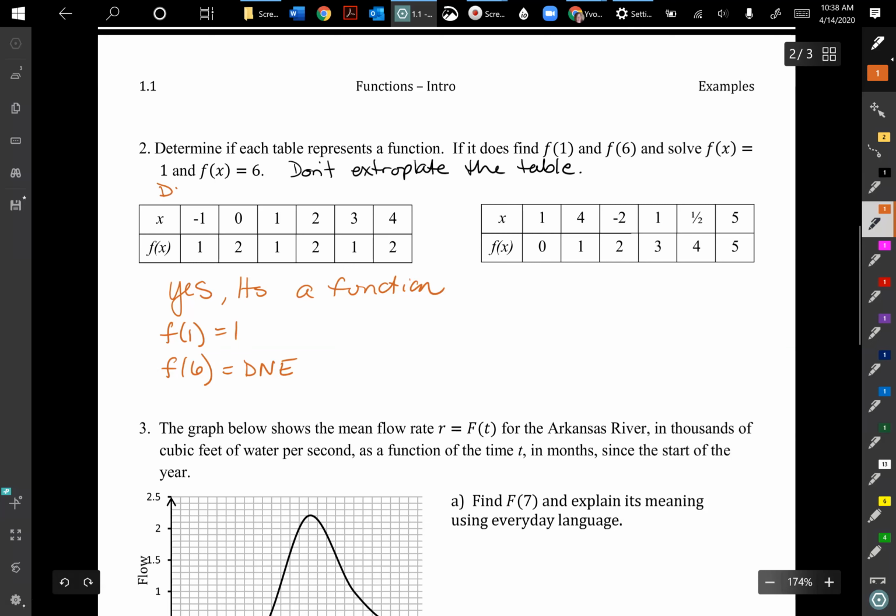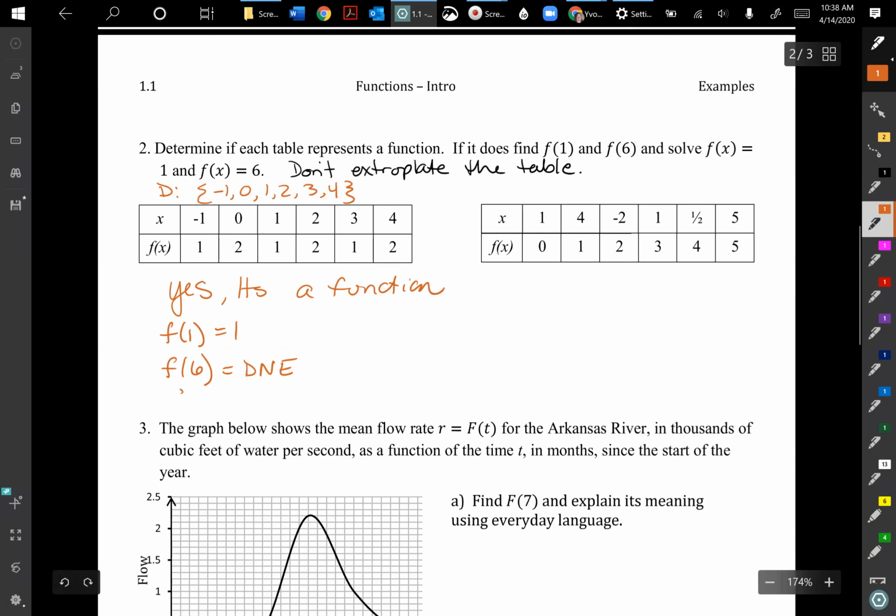So that's where I really probably should be writing my domain, all these values here. And I didn't write it as an interval because they're not continuous in between. It's just those distinct, discrete values.